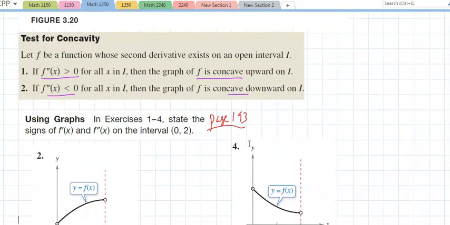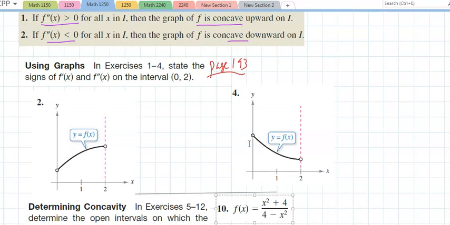And here we're trying to make sure we see this concavity business. State the sign of f prime and f double prime on the interval. You notice that this curve, if I continue this trend, is concaving up. If it's concaving up, we say that f prime is increasing and f double prime is positive.